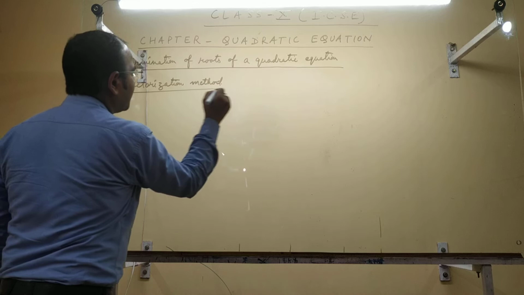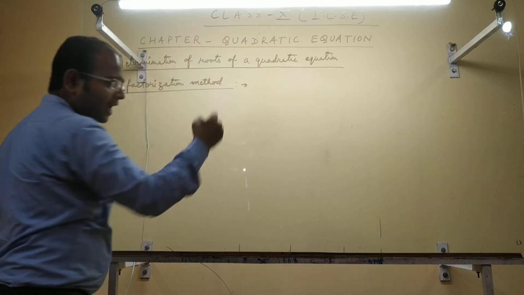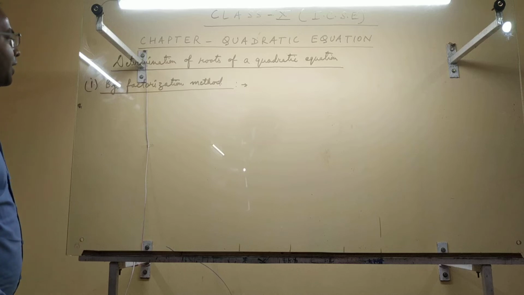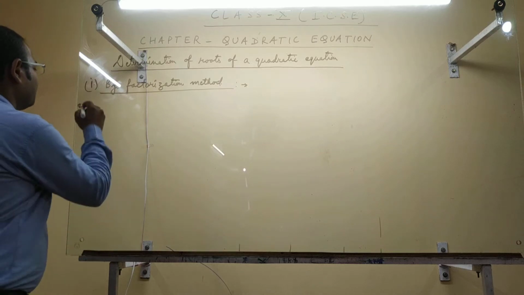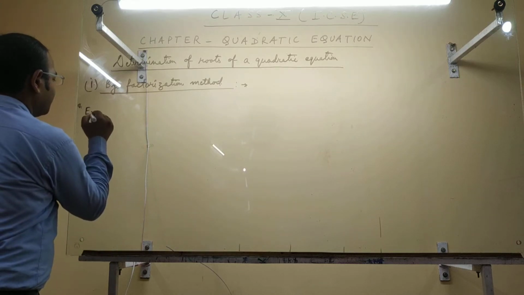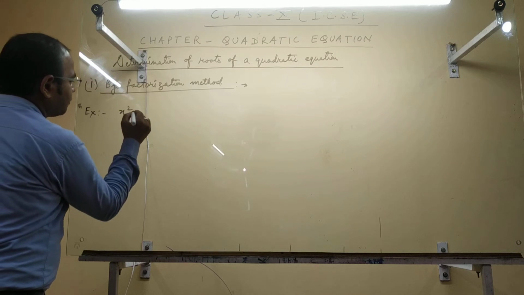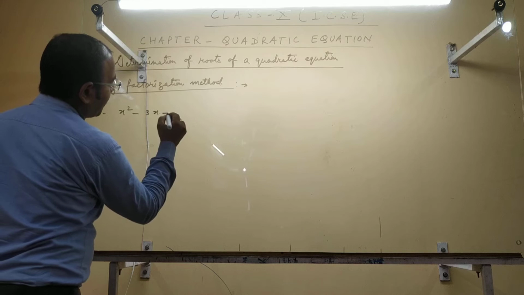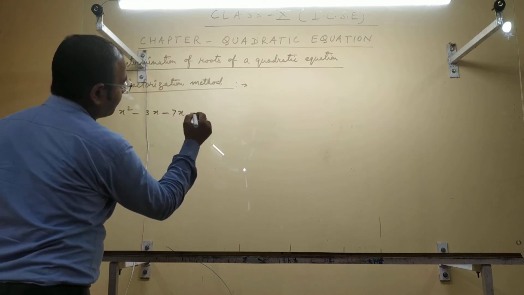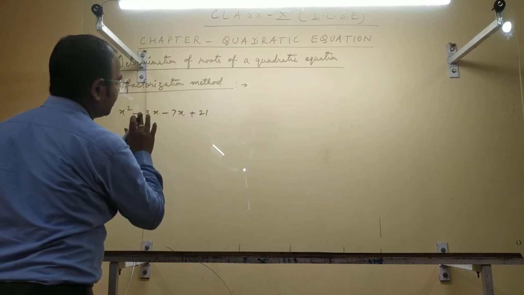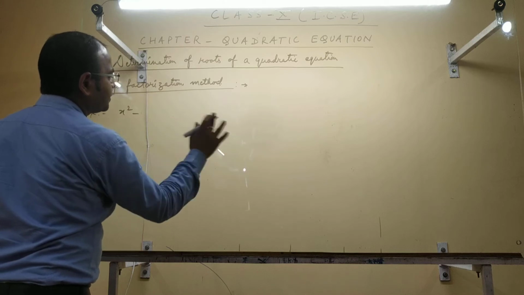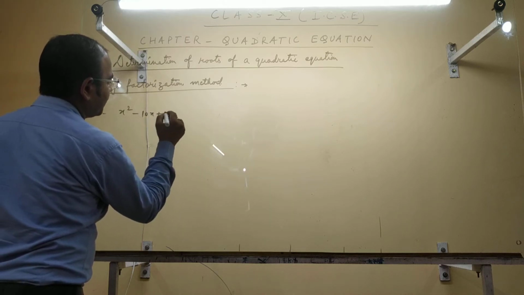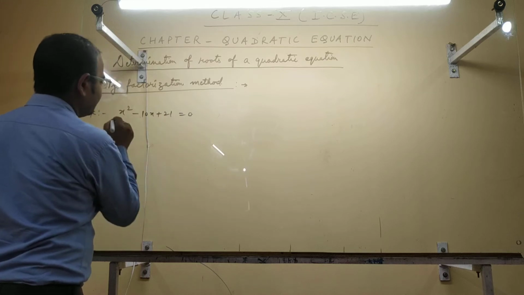Let us see how this method can be applied in order to find out the roots of a quadratic equation. Let us take the example x square minus 10x plus 21 is equal to 0.